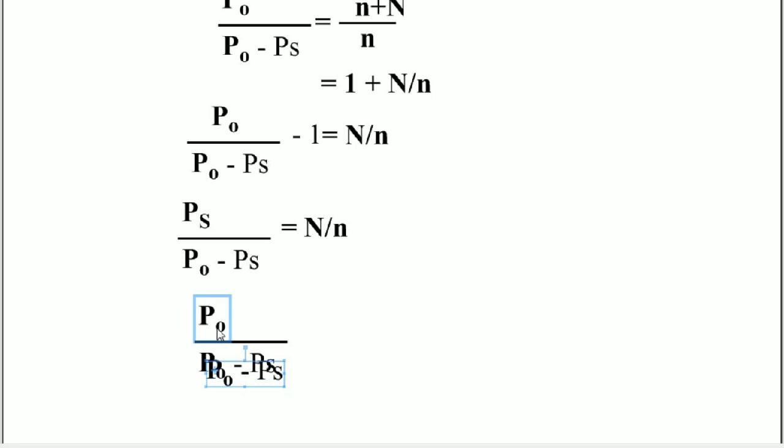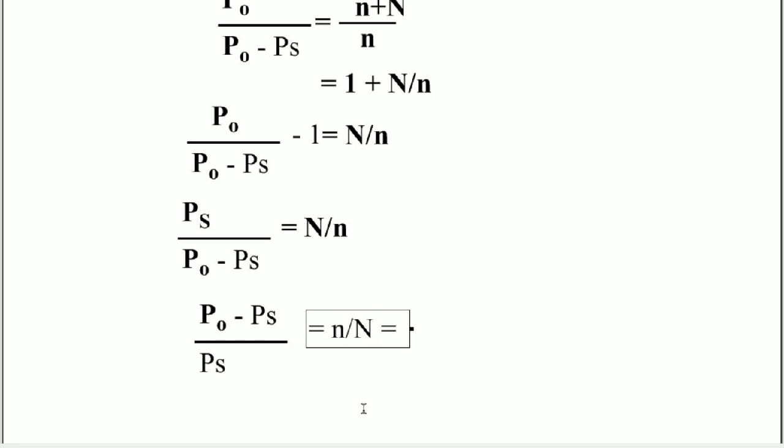We get P naught minus PS by PS is equal to small n by capital N.